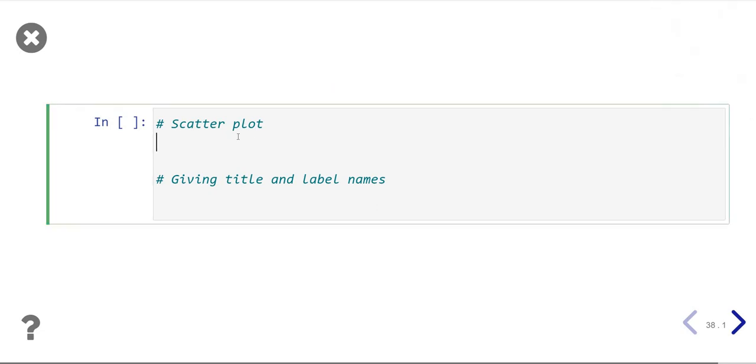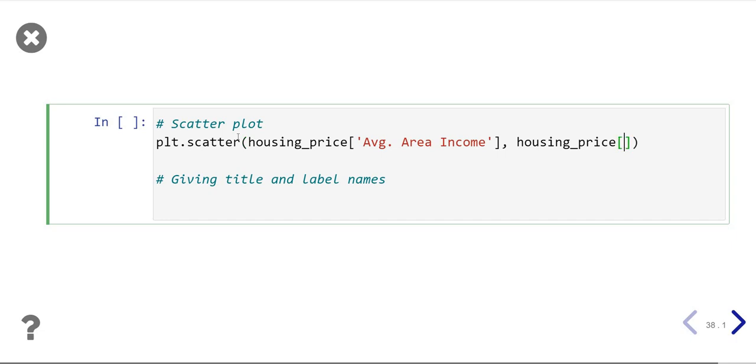So let us do the scatter plot. What is the function for scatter plot? plt.scatter, and then we need to provide the x-axis value, which is the average area income, versus the housing price.